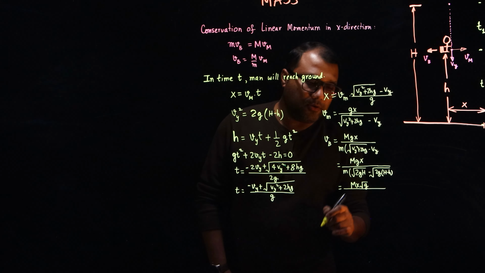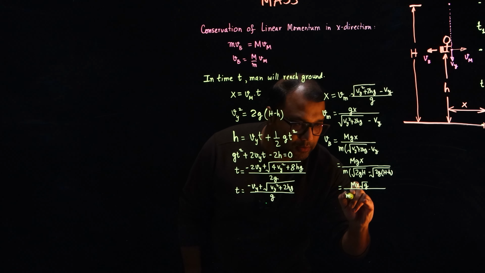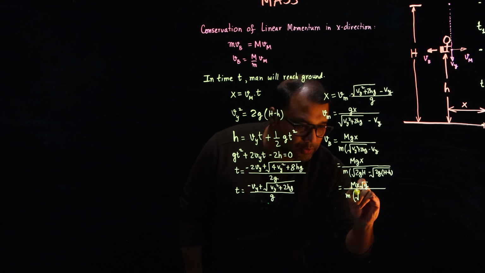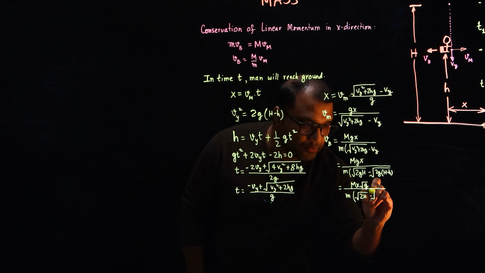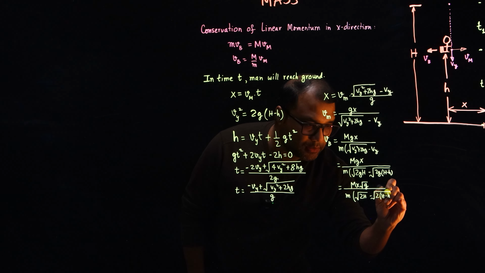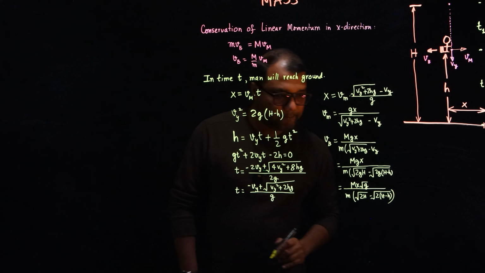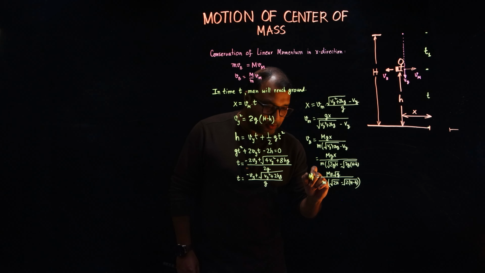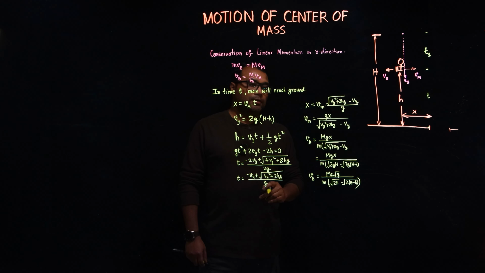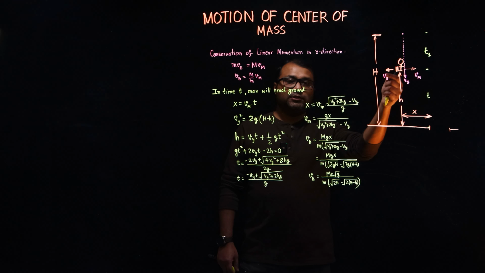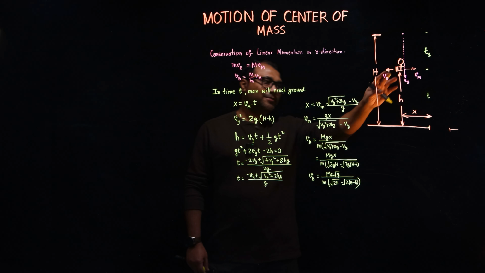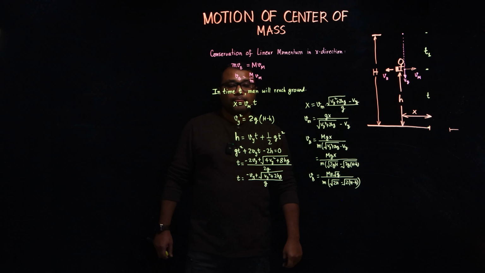If I divide the numerator and denominator by root g, we can write this as M x over small m times root 2H minus root 2(H minus h). So that is the minimum velocity with which the bag should be thrown so that the man just reaches the pool.